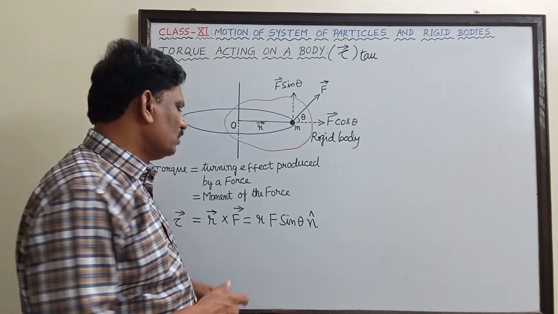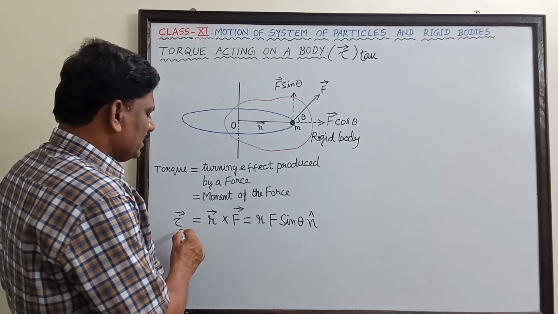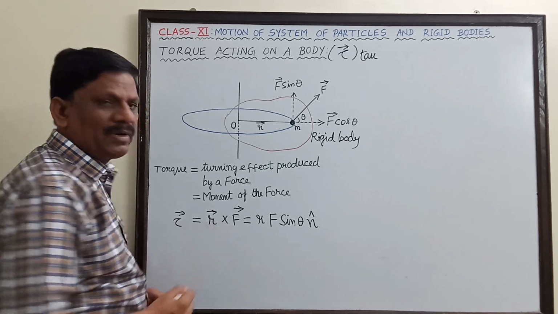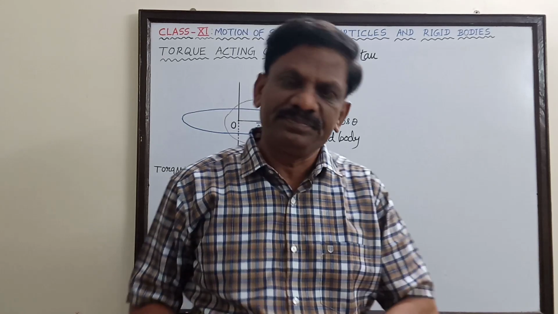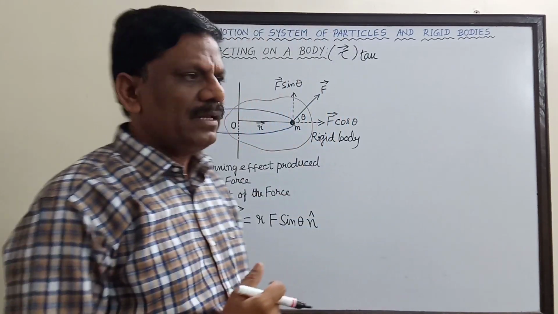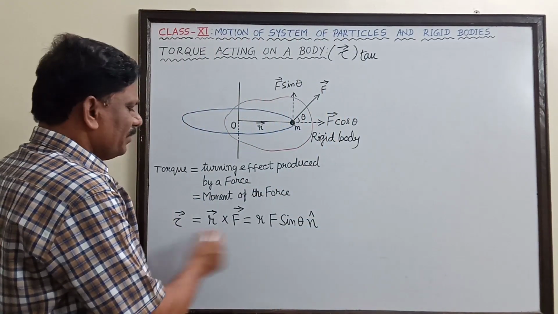So the torque vector tau is the cross product of the position vector and the force vector. Now what is the magnitude?